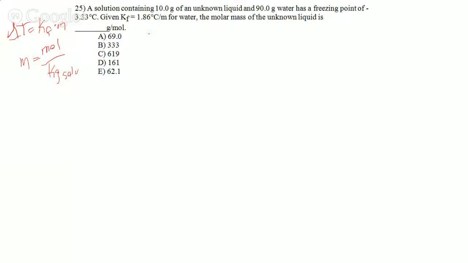All right, so what are my steps going to be? Your first step is you're going to have to solve for molality. Once you have the molality, you can solve for moles. Now, once you have moles, you also know the mass that you used.